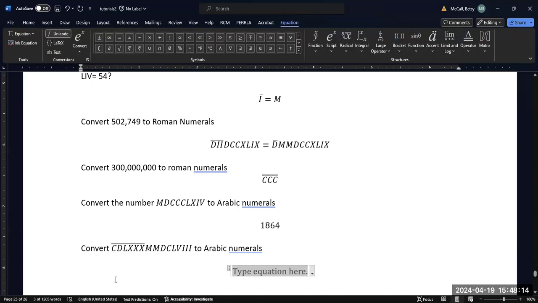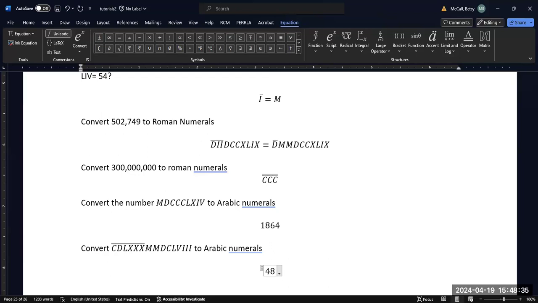So CD, that's C is smaller than D. That's 100 versus 500. So that's 400. And then LXXX is 50 plus 30, which is 80. And then that's all times 1,000.